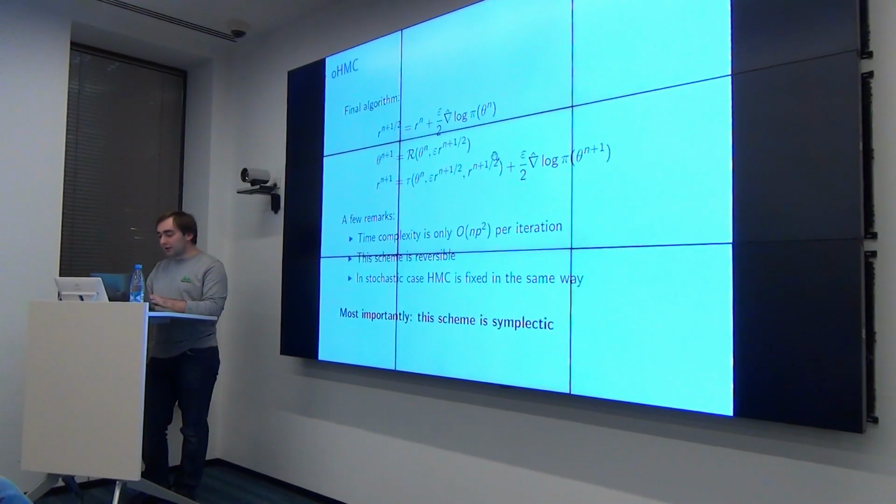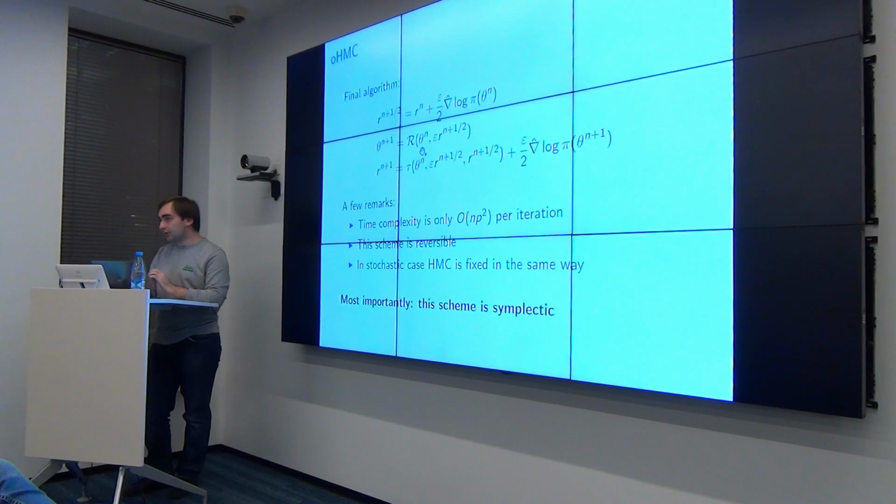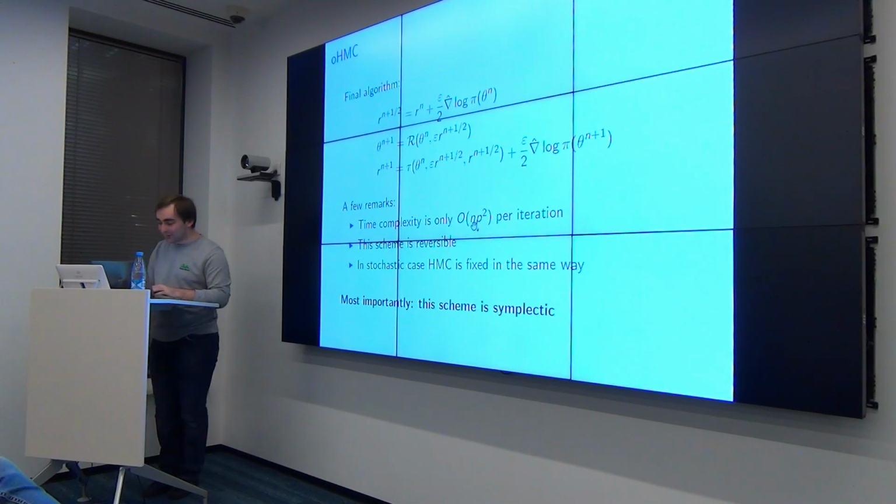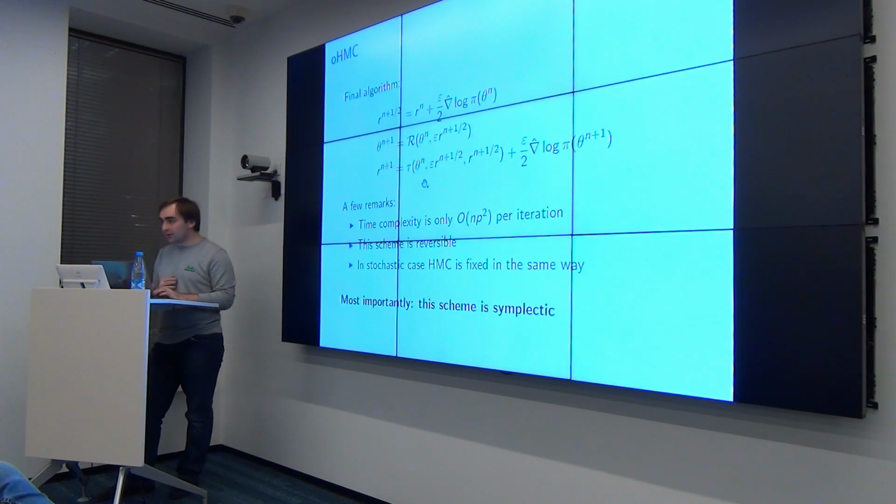Theta is an orthogonal matrix of size n rows by p columns. Complexity per iteration, yeah. Those are different n's. I'm sorry.